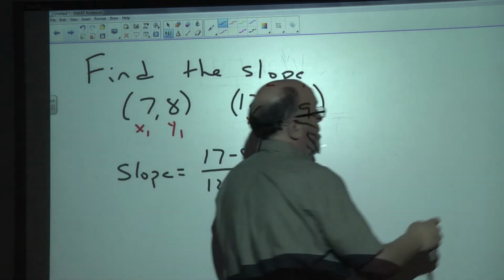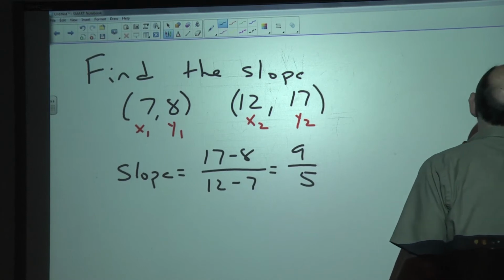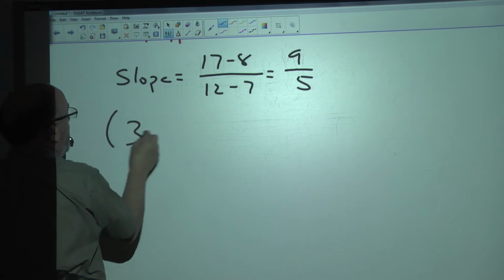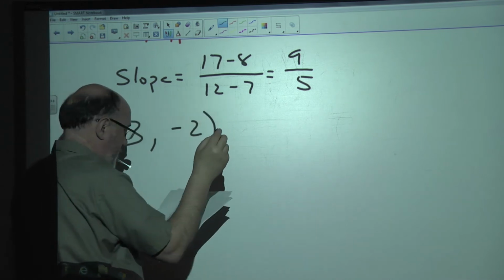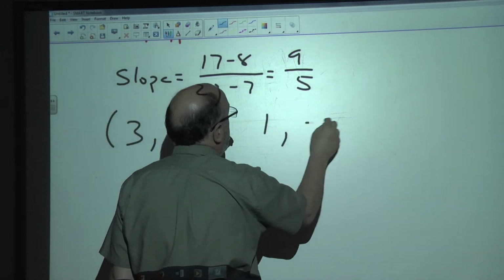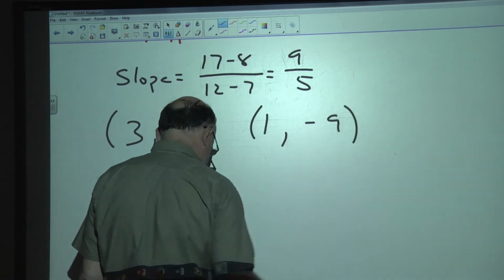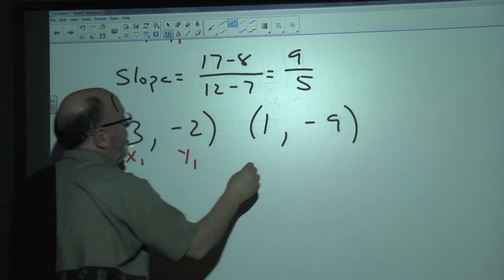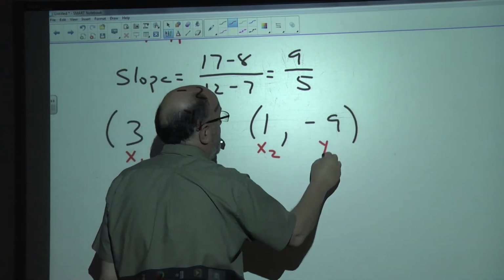Another example in terms of this process. Let's say we have the point 3, -2, and the point 1, -9. Again, we call this one x1, y1, and this one x2, y2.